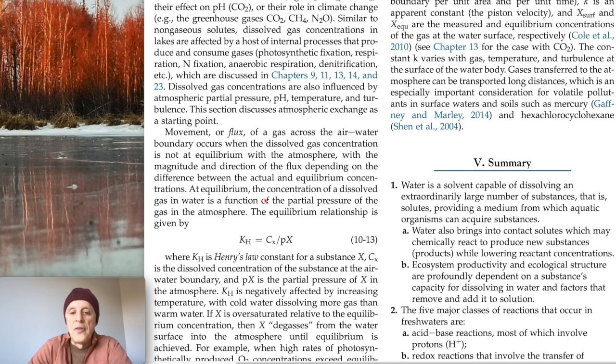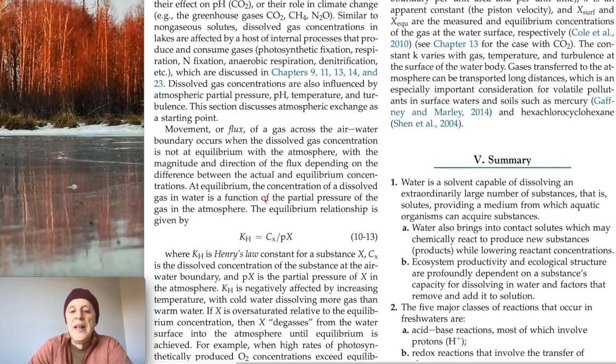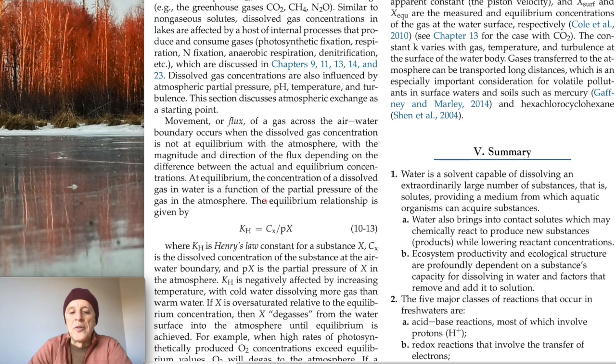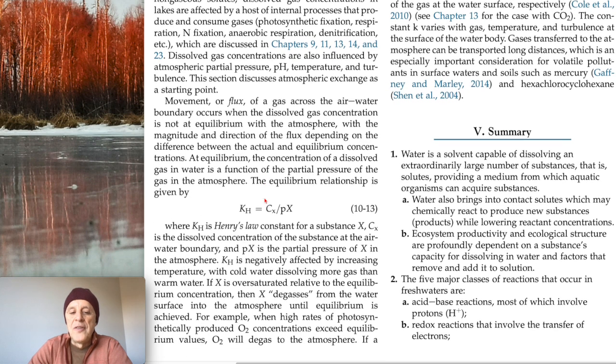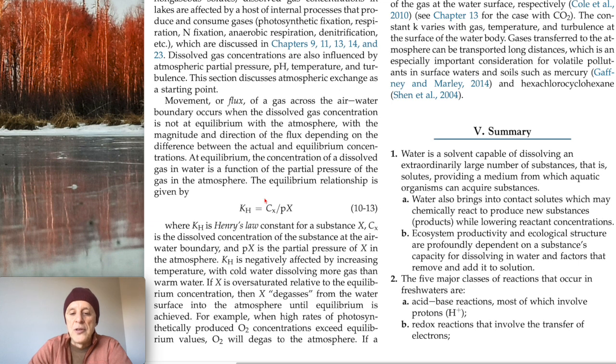Movements or flux of a gas across the air-water boundary occurs when the dissolved gas concentration is not at equilibrium with the atmosphere, with the magnitude and direction of the flux depending on the difference between the actual and equilibrium concentrations. At equilibrium, the concentration of a dissolved gas in water is a function of the partial pressure of the gas in the atmosphere.